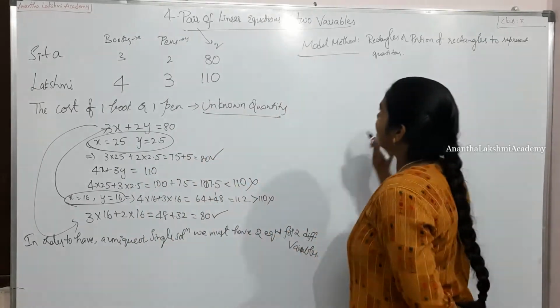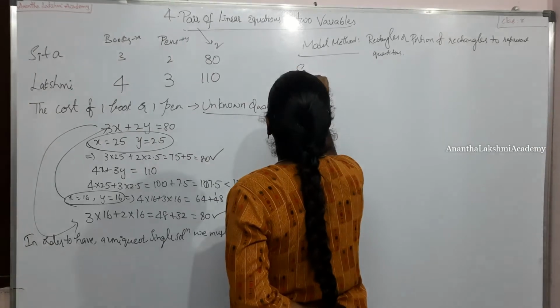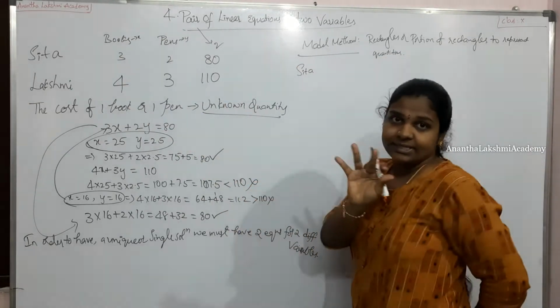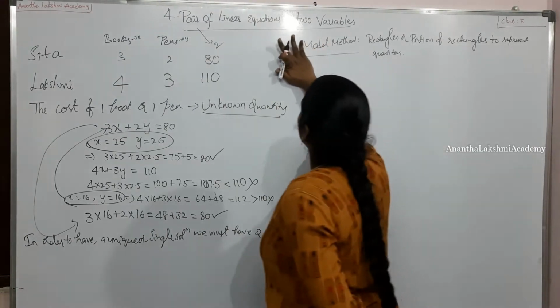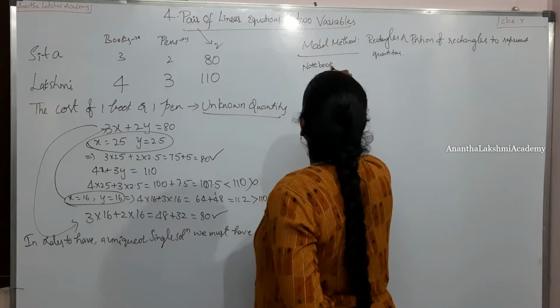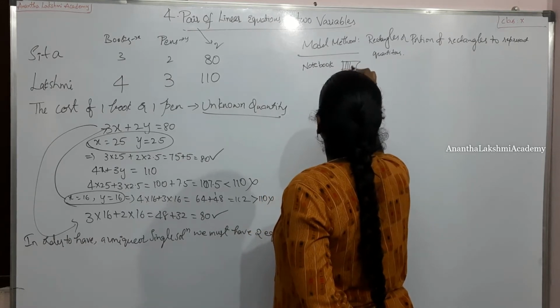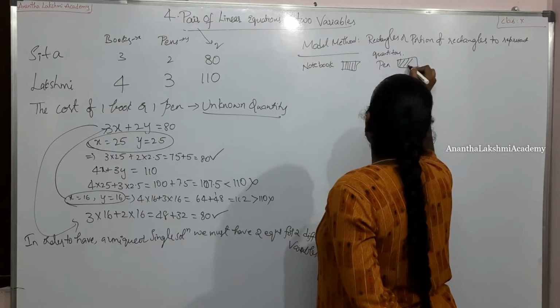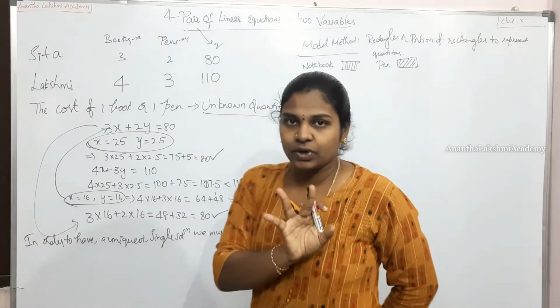For the first case, we have Sita's case. Even before Sita, a notebook will be represented as vertical lines, and a pen as cross lines. This is how we are going to put this.